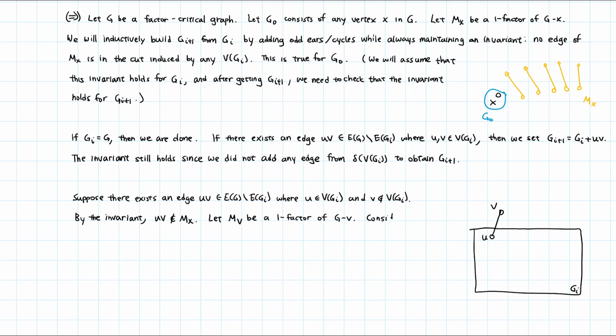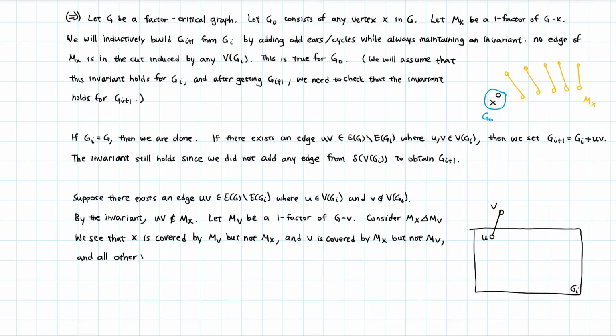We will now consider the symmetric difference between Mx and Mv. Can you see what are the vertices of degree 1 in this symmetric difference? We see that x is covered by Mv but not Mx, v is covered by Mx but not Mv, and all other vertices are covered by both.